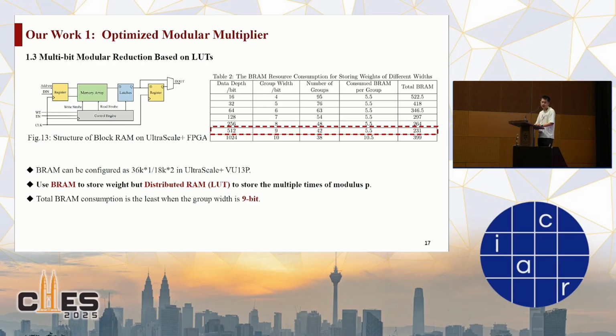However, the block RAM in FPGA is consumed as a whole block, so we have tried several cases with different group widths, and the results are shown in table 2. We can find that when the group width is 9-bit, the number of total block RAMs is the least. When the group width increases or decreases, the number of total RAMs always increases.